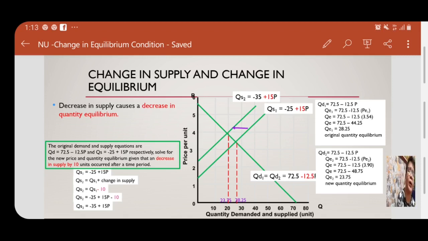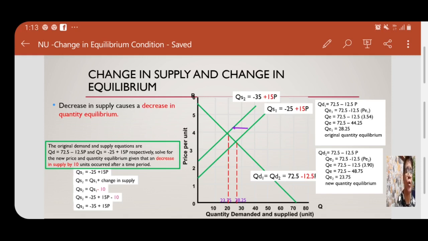Substituting the original price equilibrium to the P of the original demand equation, QD original is 72.5 minus 12.5P. Substituting the value 3.54, we get an original quantity equilibrium equivalent to 28.25.